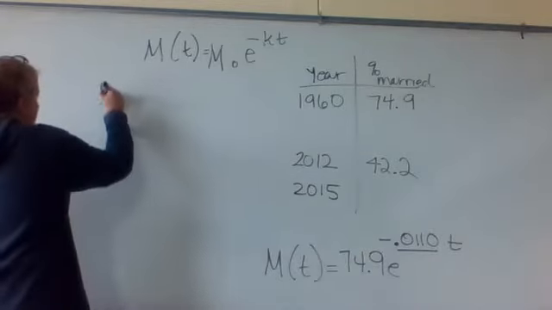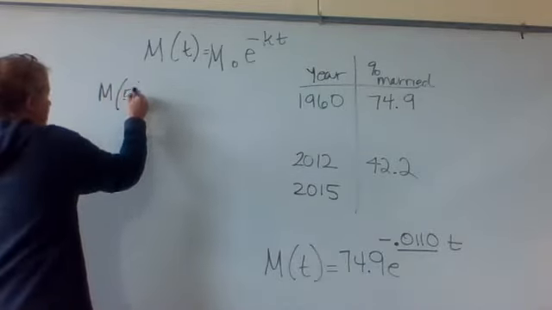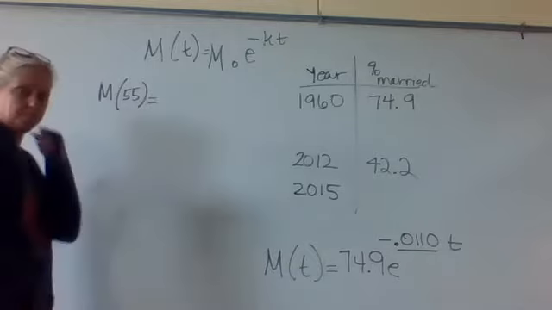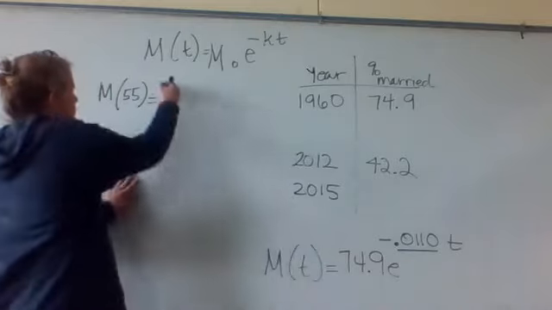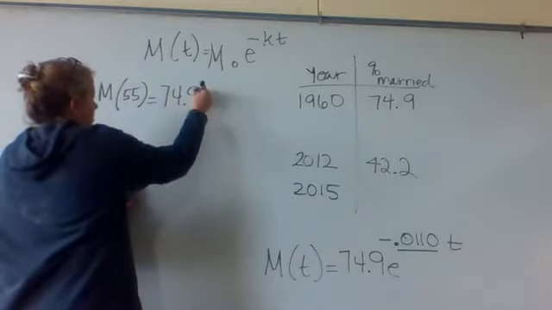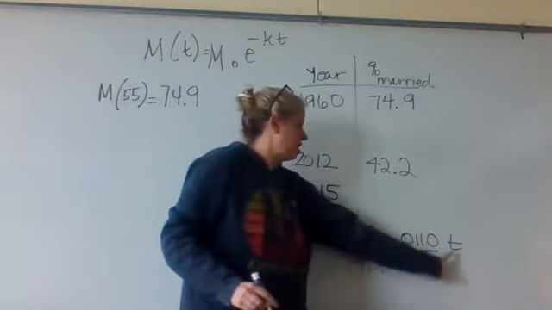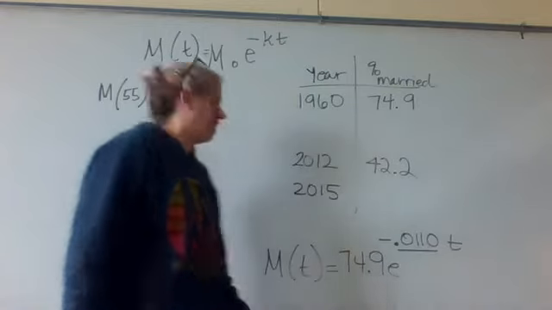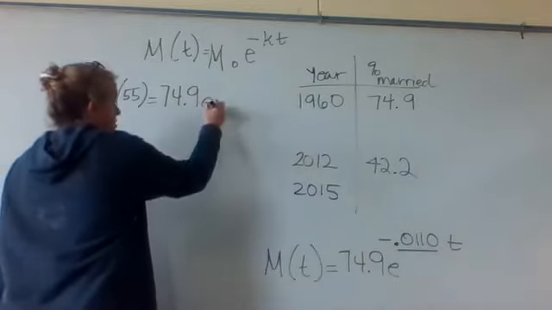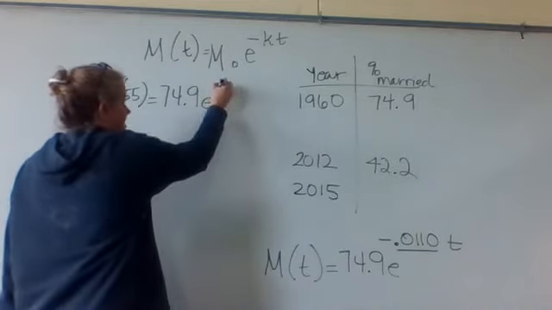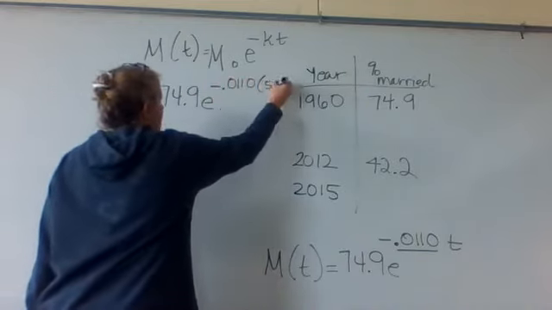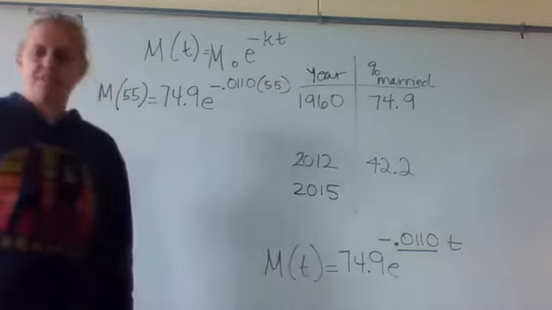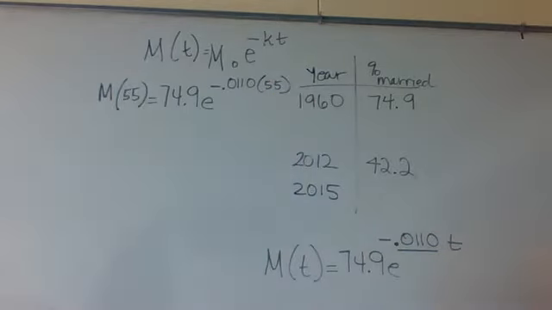So I just need to change that t to 55. So beginning amount, 74.9. So again, I'm using this formula and just making this t a 55. So 74.9 e to the negative 0.0110 times 55. And put that in your calculator.